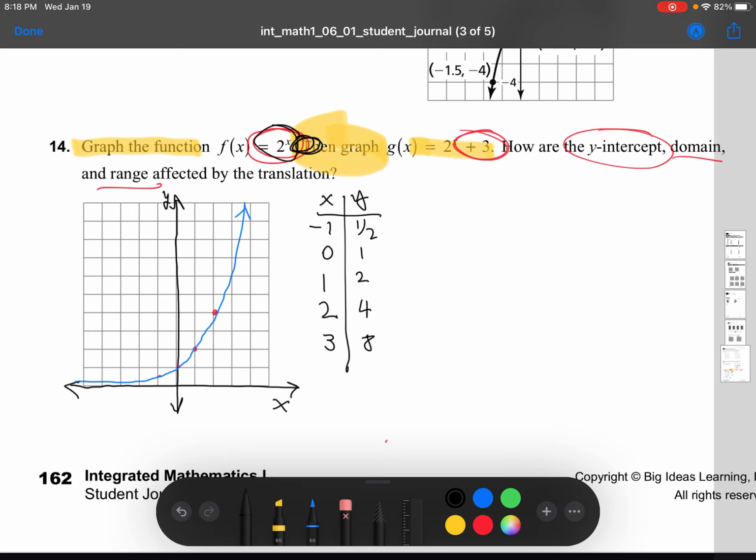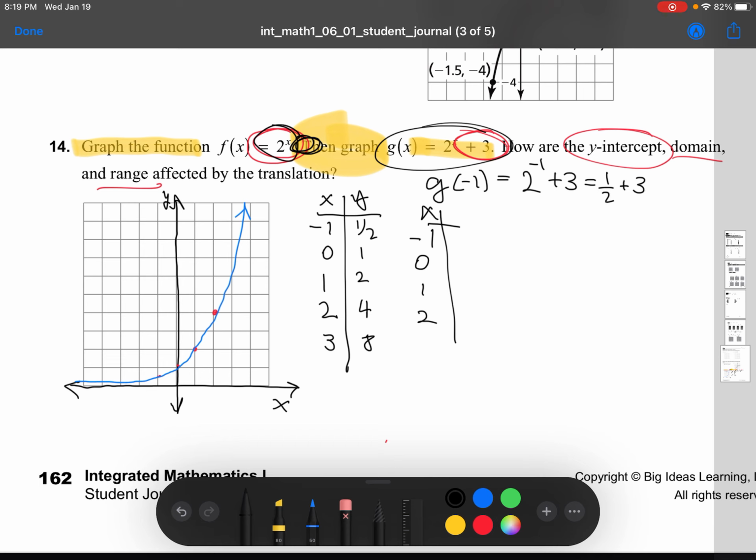But now let's do this, which goes g of -1 is 2 raised to the -1 plus 3. This is 1/2 plus 3. This is 7/2.